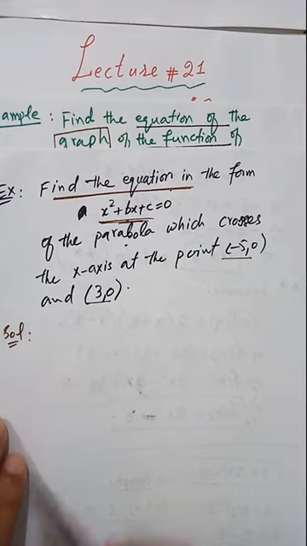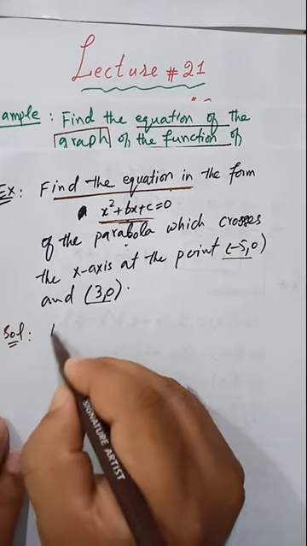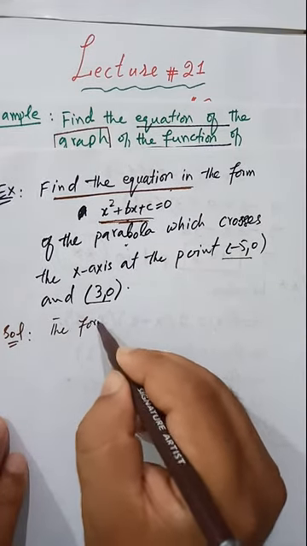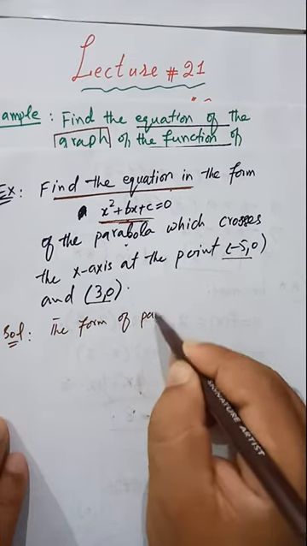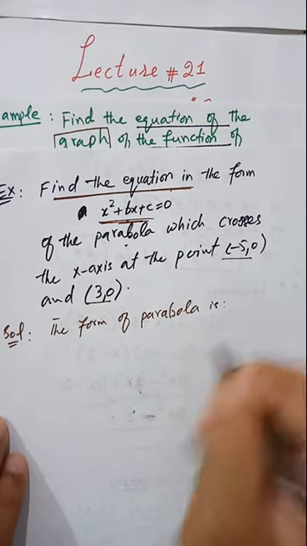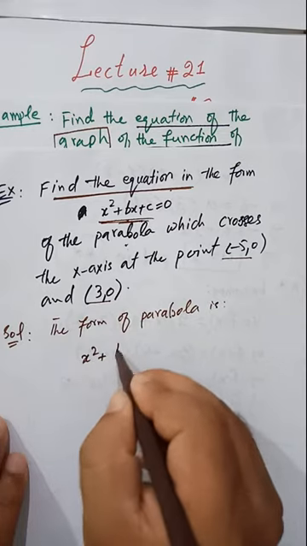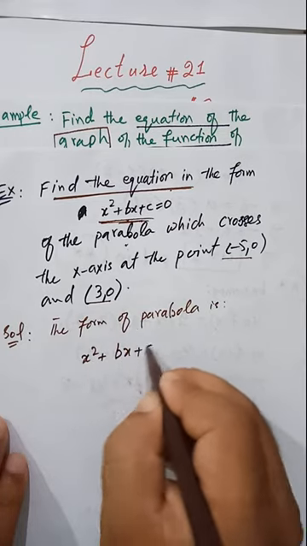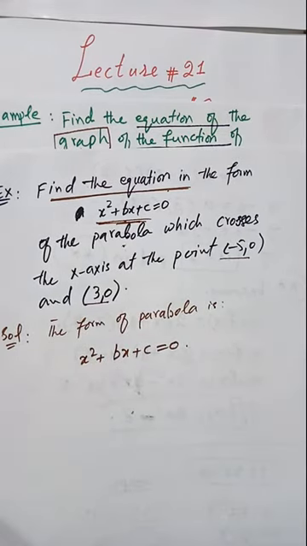Okay, now the form of the parabola is x square plus bx plus c equal to 0.